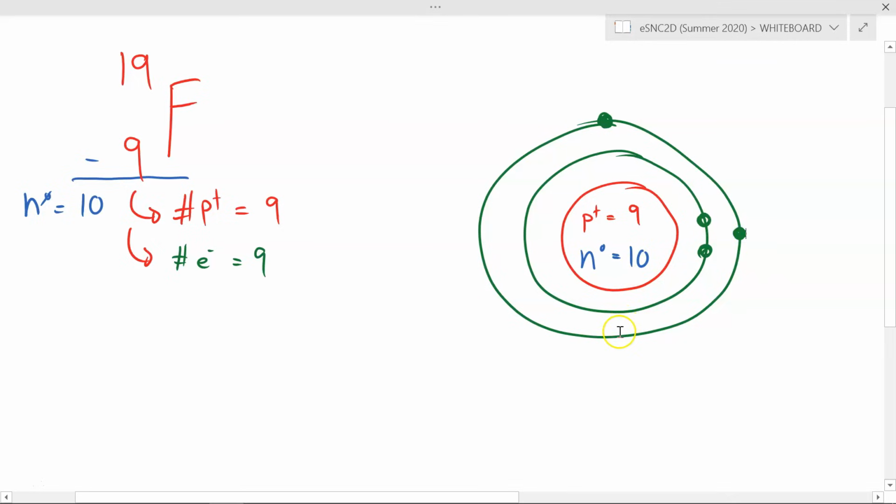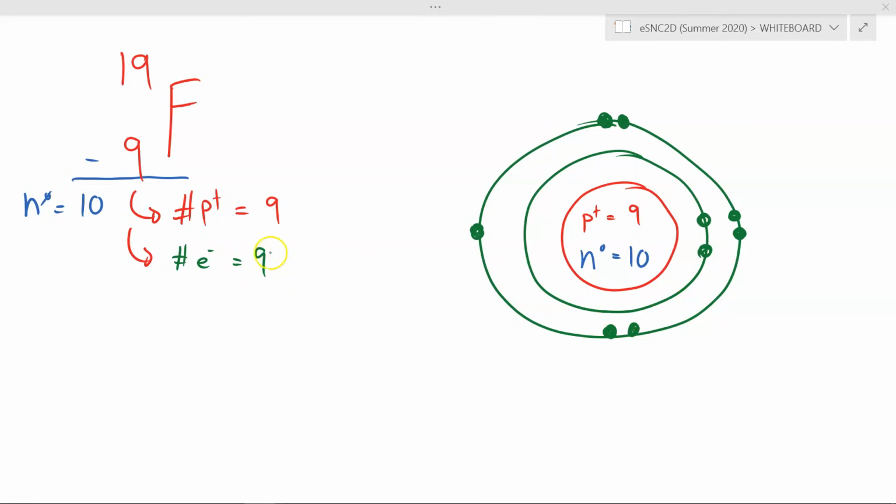Move down to the south to draw our next electron, and then move to the west to draw another. So far we've got 6 electrons, but we need to draw 9. So at this point we're forced to double up, so we're going to double up and pair them, partner them together. Okay? 8 and 9 electrons drawn in total.